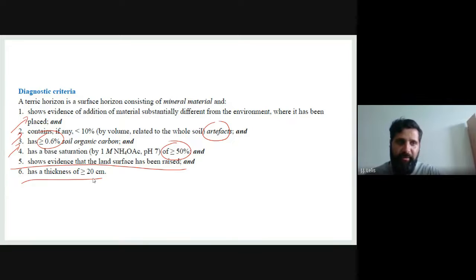So it's quite easy to differentiate the terric horizon from the others because it possesses specific conditions that should be followed.